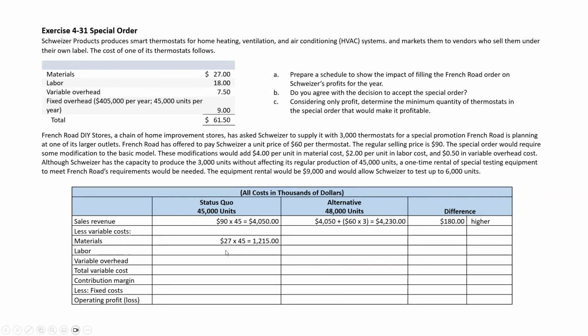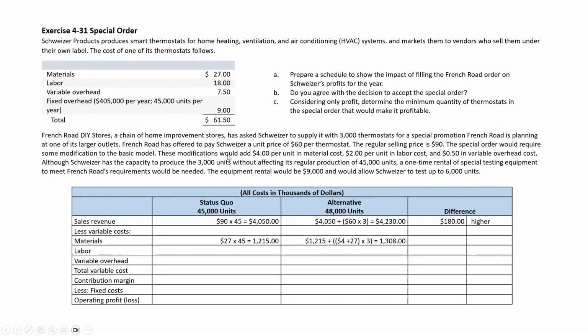So let's first look at our materials. Currently, our material cost, and that's going to be a variable cost, is $27 per unit times 45, which would be 1,215. Again, taking off the last three zeros. Alternative would be, we're still going to have that 1,215, but we're also going to produce 3, or 3,000, additional units. Now, you may say, well, wait a second, you've added $4 in direct material cost to the 27 existing.